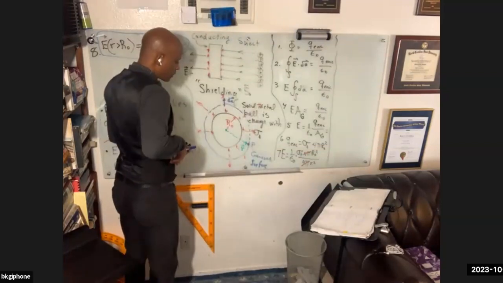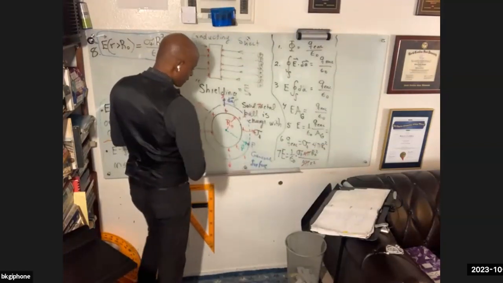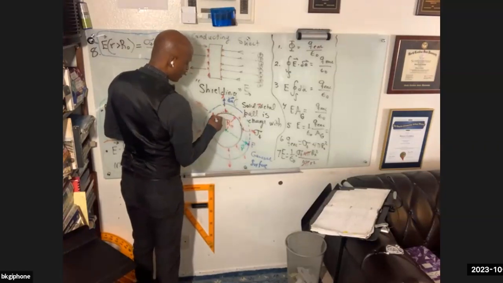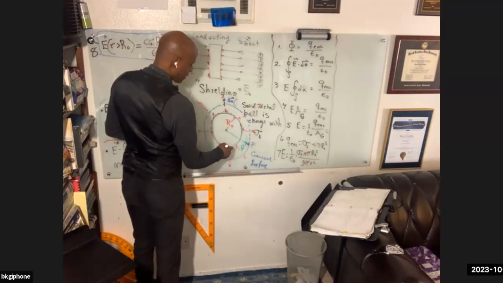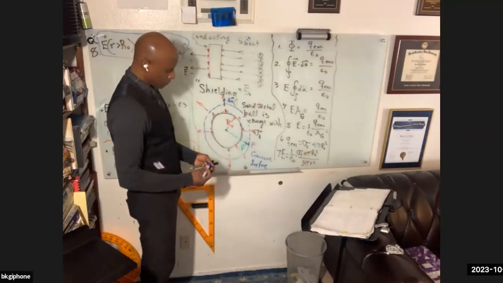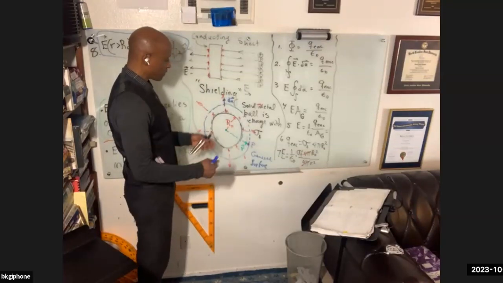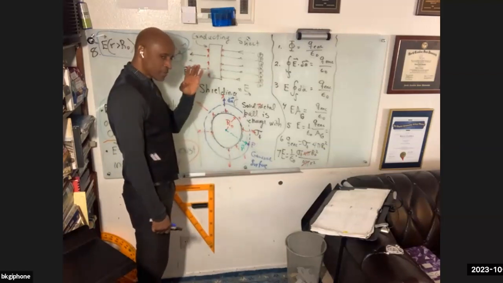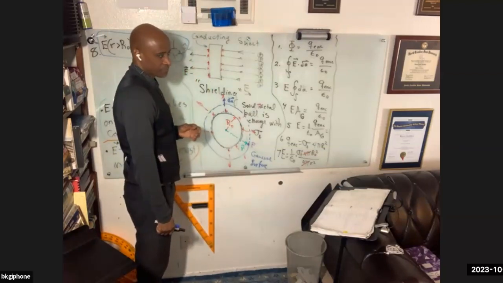When we go to the surface and redraw our Gaussian surface, it is an infinitesimal distance above the surface, still able to encapsulate this free charge, the free charge we've placed on this conductor. So we're infinitely close to the surface, but not on the surface.